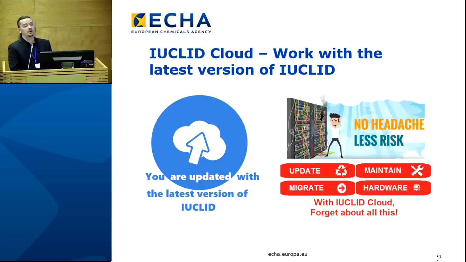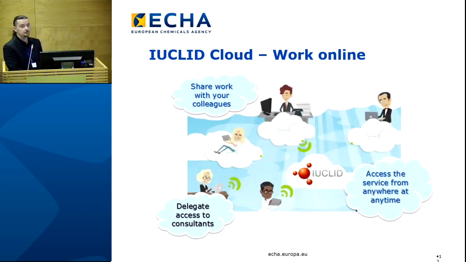So you will always run the latest version of Euclid available. You work online. That means that you don't have to install anything. You can easily share the work with your colleagues. You can have multiple user accounts linked into the same Euclid. You can even delegate access to your consultants. I'm going to show that later on today as well.